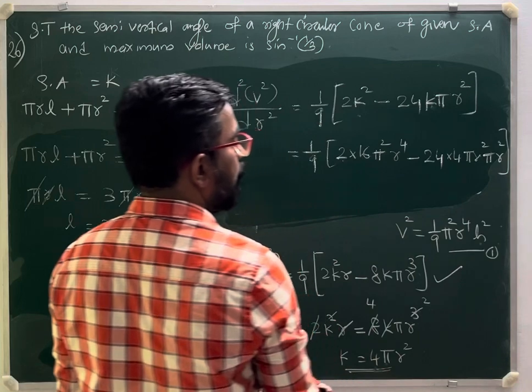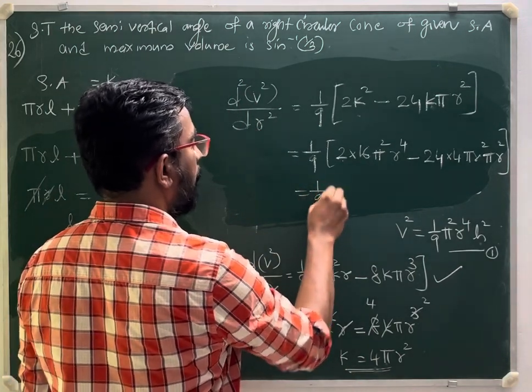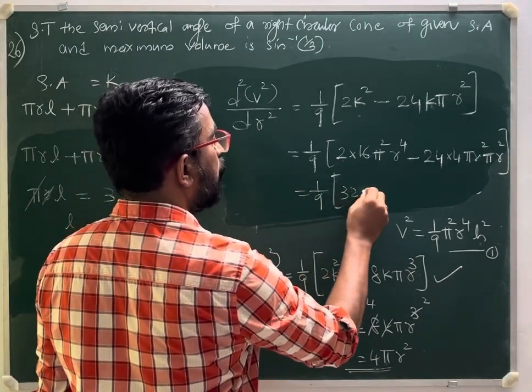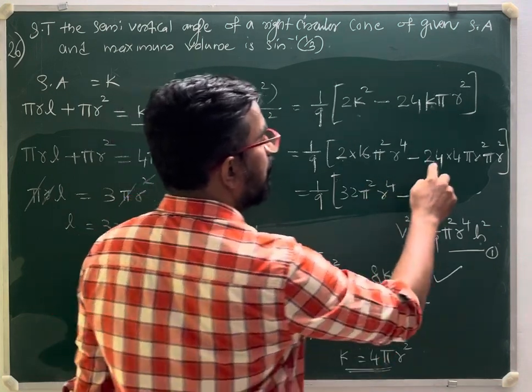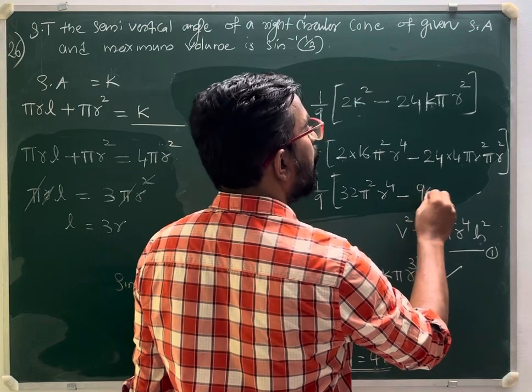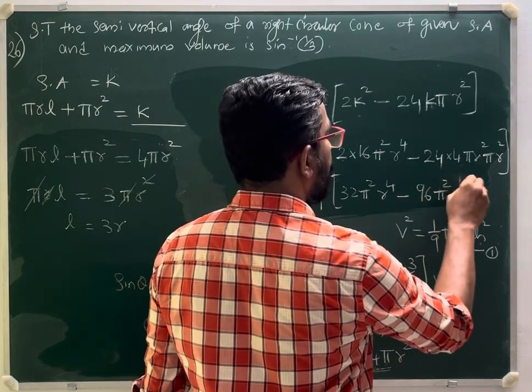Okay, this will become 1 by 9, this is 32 pi square r power 4 minus, this will be 96 pi square r power 4.